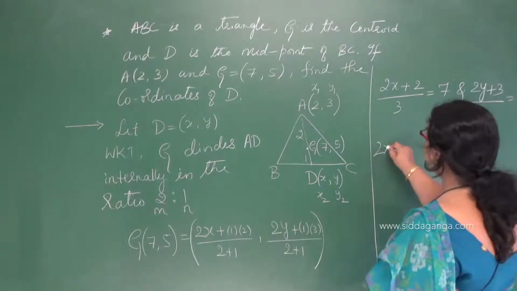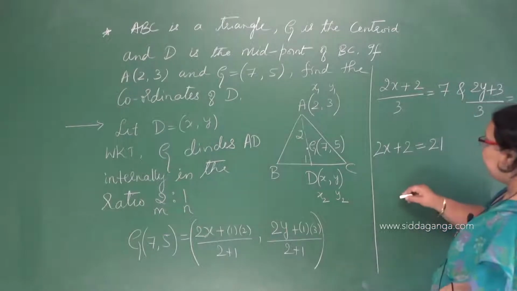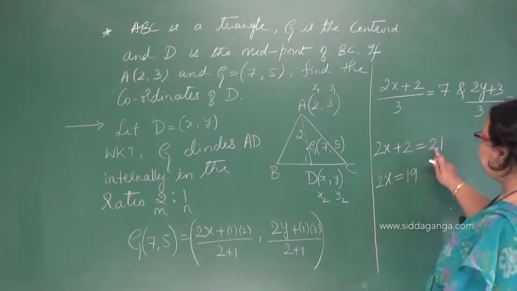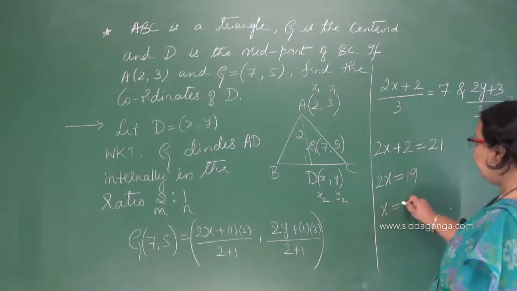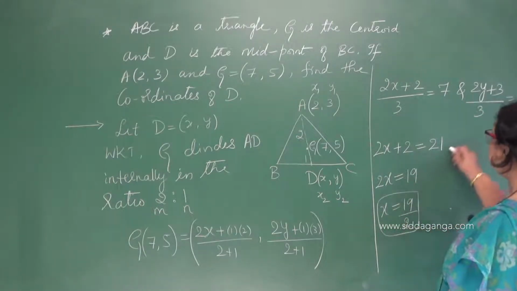Now 2x plus 2 equals 7 times 3, which is 21. Therefore 2x equals 21 minus 2, that is 19. Therefore x equals 19 divided by 2.